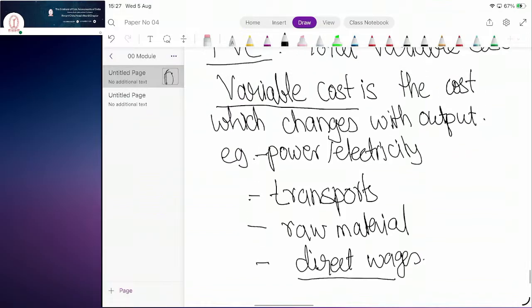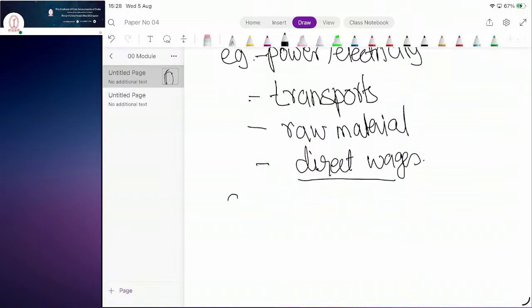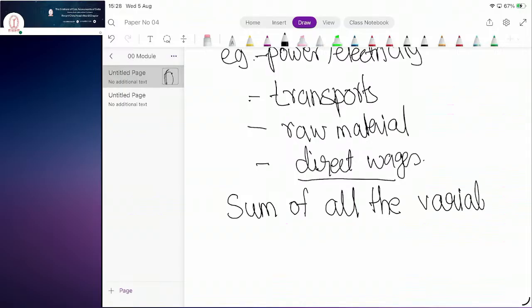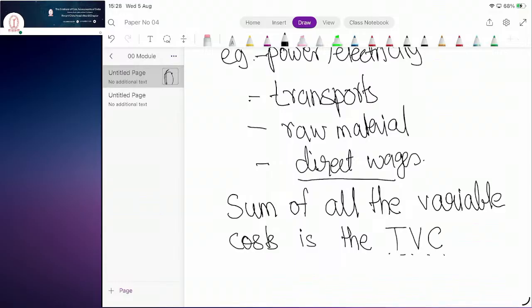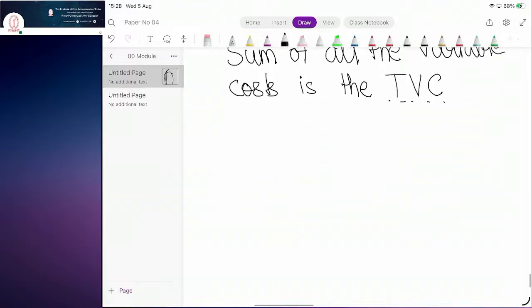So write this, the sum of all the variable costs is the total variable cost, TVC, total variable cost.